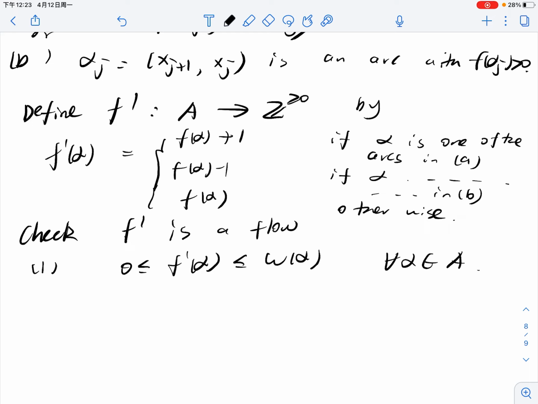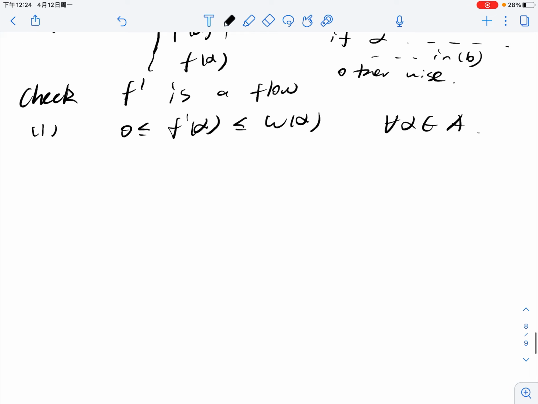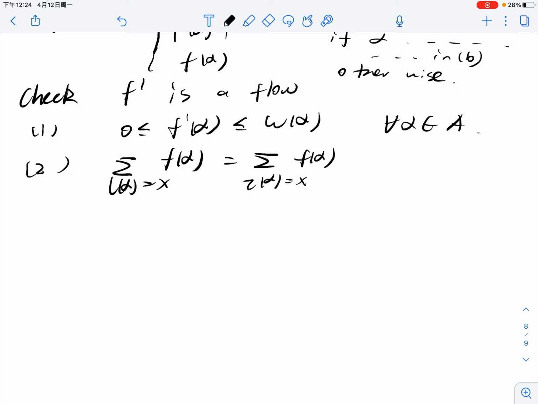So after change, we still have this inequality. And secondly, we need to show that if the vertex is neither S nor T, then flow in and flow out should be the same.